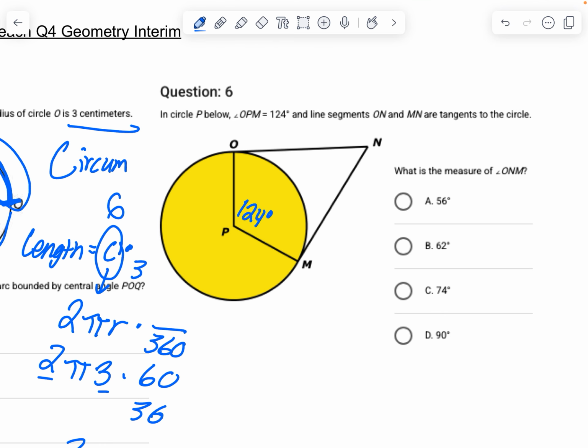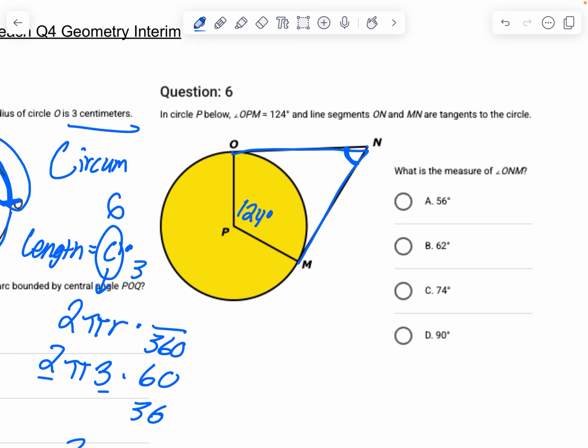And it says that the line segments ON and MN are tangent lines. Okay, they want us to figure out the measurement of angle ONM. We want to figure out that exterior angle.